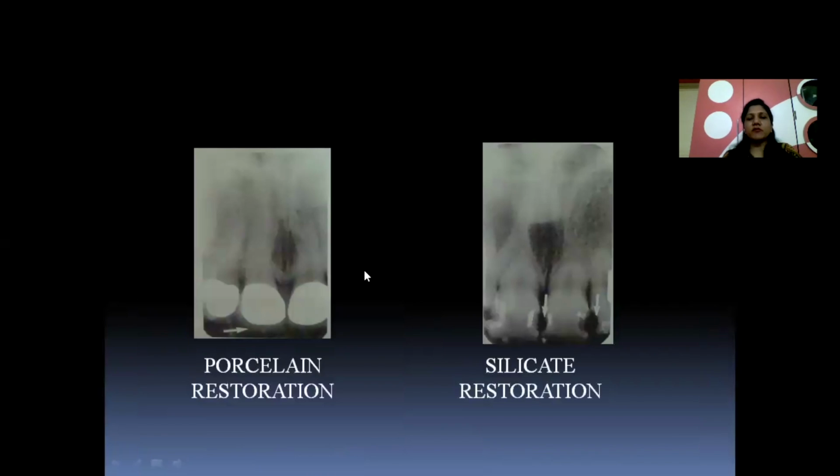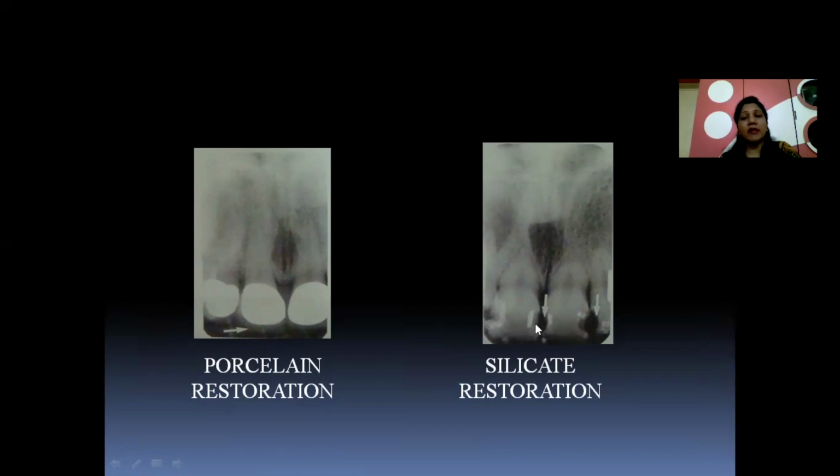Then porcelain restoration. Now porcelain appears as a radiolucency and metal appears radiopaque. Whenever the patient has a crown prosthesis with metal, that is porcelain fused to metal, this metal part appears radiopaque and the porcelain will appear radiolucent. The silicate restoration appears radiolucent, and sometimes you may feel that this tooth is carious.